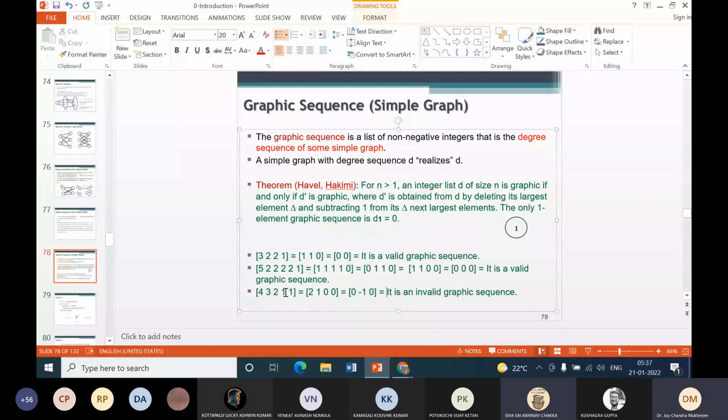Let's put it like this instead: if I delete 4, it became 2, it became 1, it became 1, it became 0. So now it is a valid graphic sequence, because if I delete 2, then it becomes 0, 0, 0. Again, it is a valid graphic sequence.